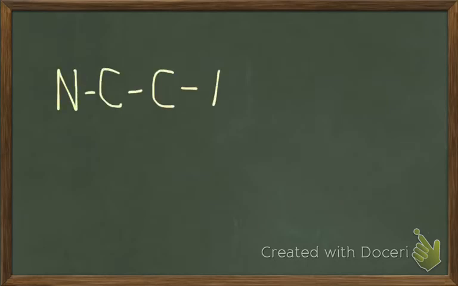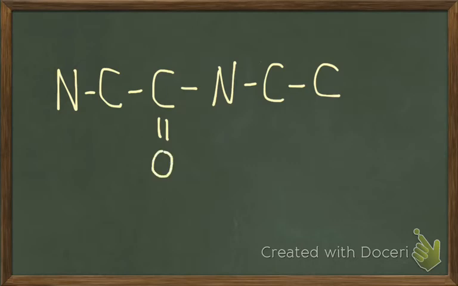on the backbone. And if you remember, when we drew amino acids, we had this NCC backbone, and we had a carbonyl group, and we also had the amino group. Now, it's not necessarily going to be the carbonyl group and the amino group like I have drawn here right next to each other.